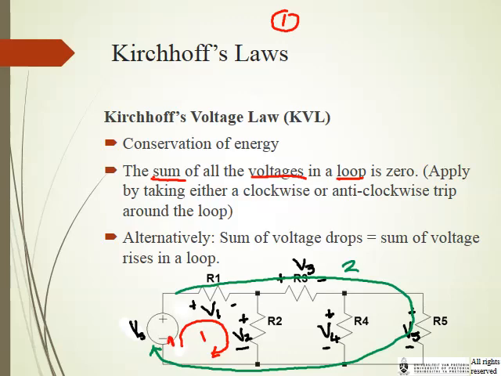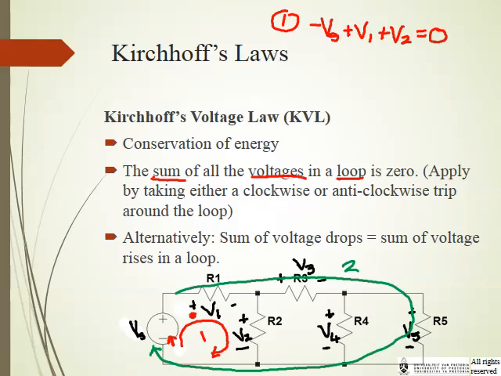This one goes in at the negative terminal of Vs, so I write minus Vs. Then it goes into the positive terminal of V1, so plus V1, and then through V2, also into the positive terminal, so plus V2 equals 0. So that's Kirchhoff's voltage loop law for loop number 1.